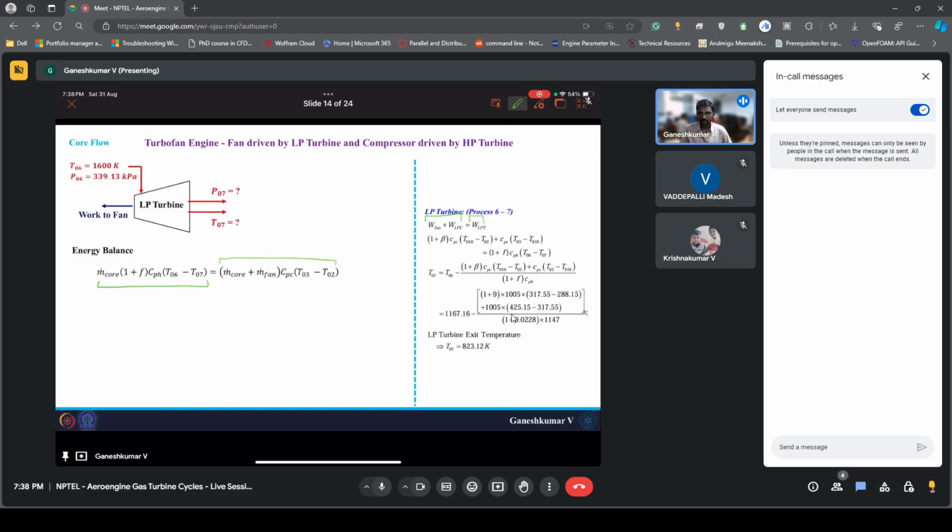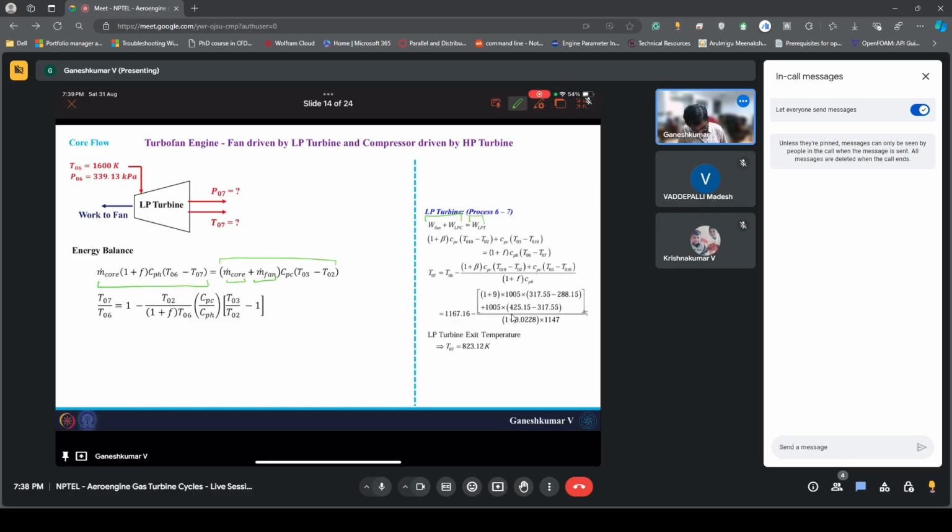You can note that you have m dot core plus m dot fan, because the fan actually sees the whole mass flow rate, which is going to be both core stream plus bypass stream. That's why you have m dot core plus m dot fan. So you can rearrange this equation also. I think probably there is a mistake.